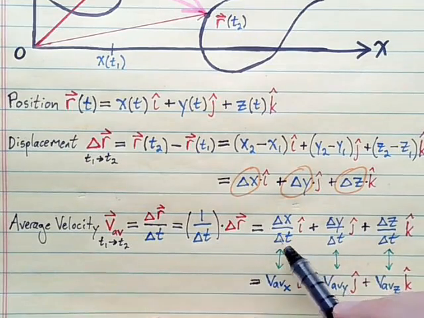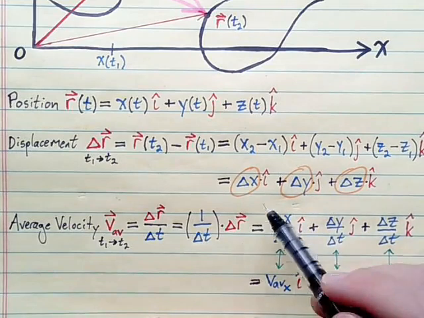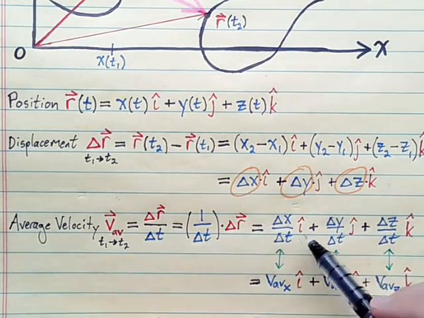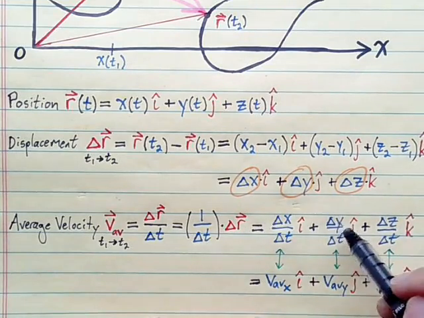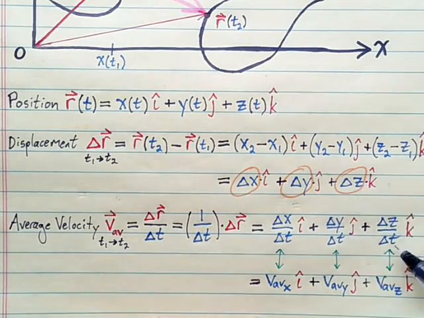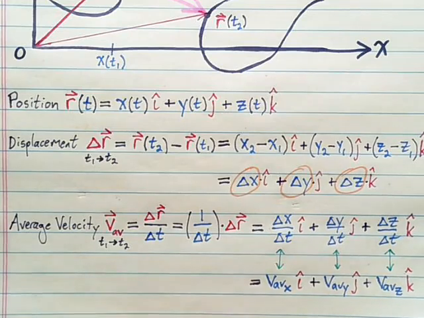So the components of our average velocity will be delta x over delta t, delta y over delta t, and delta z over delta t. So we can express our average velocity vector in this form. The x component of average velocity is delta x over delta t, the y component is delta y over delta t, and the z component of the average velocity is delta z over delta t. Okay, let's pause there.